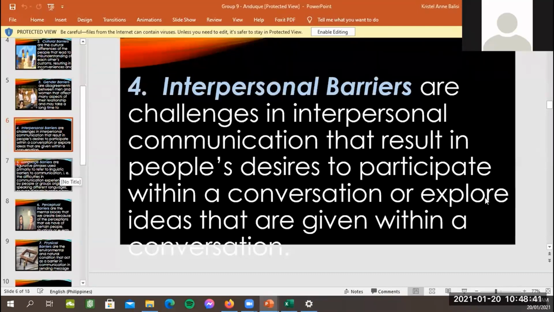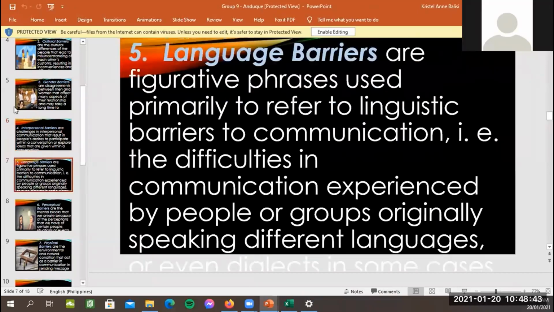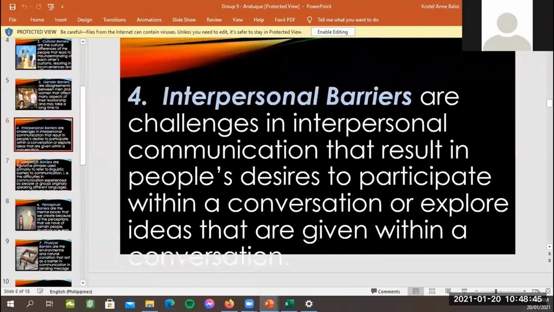Ito po, yung interpersonal communication. Nagre-result po siya ng ideas, nag-explore na siya ng ideas para sa conversation.